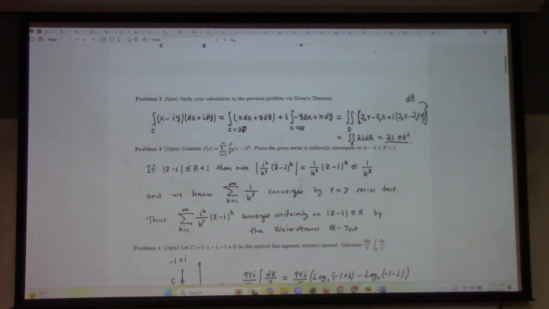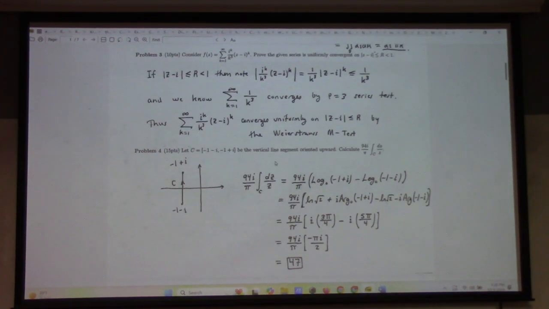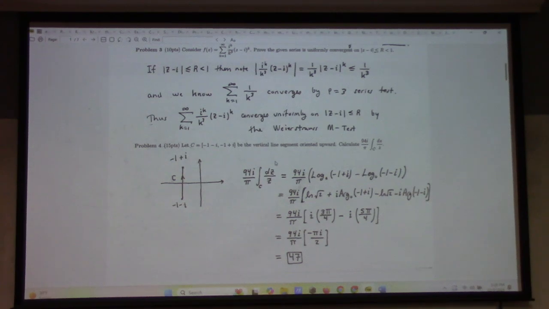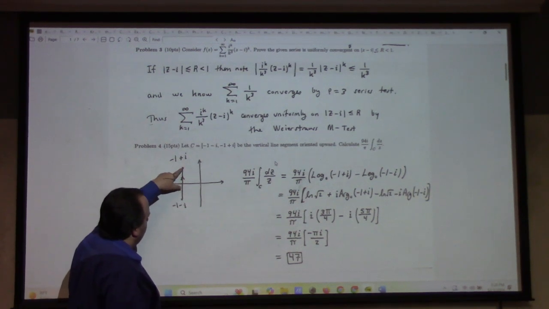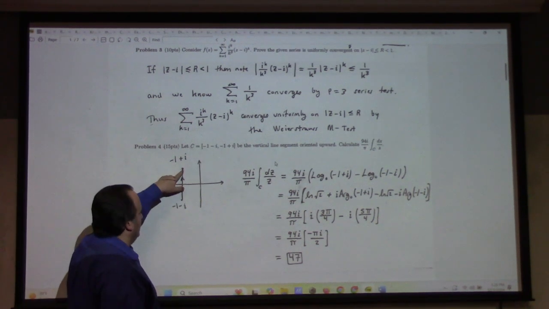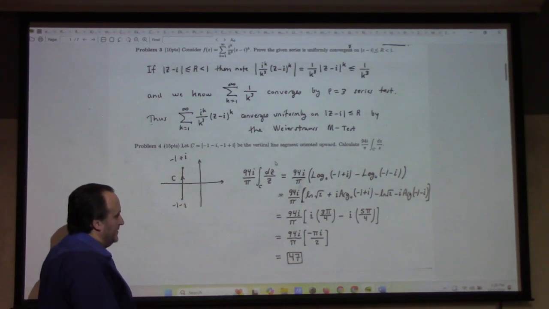Pretty standard. This was a trap, which some of you fell into. I intentionally made this go over where the principal logarithm is not defined. You must pay attention to that, otherwise you will be wrong. That was the whole point.